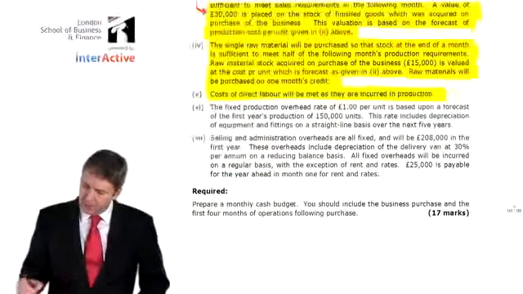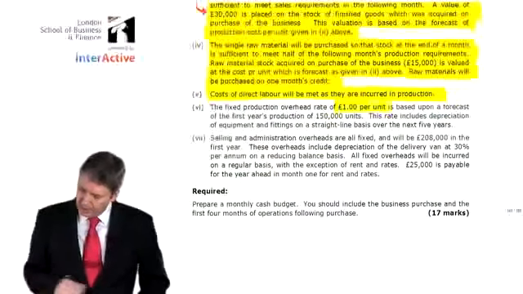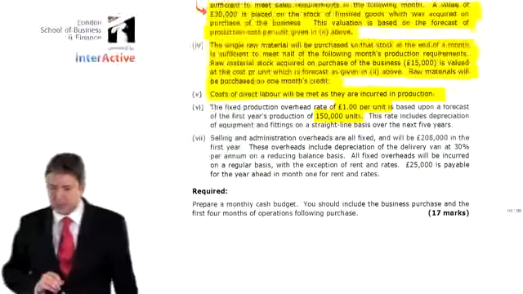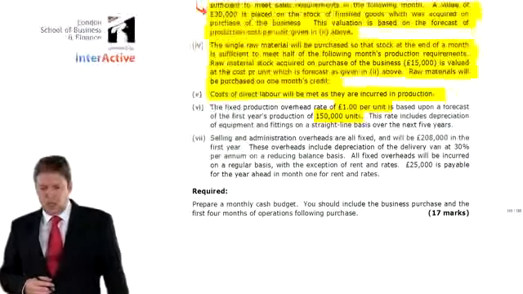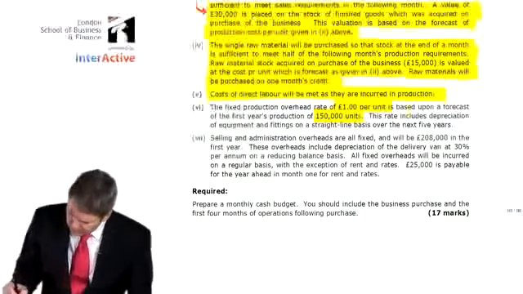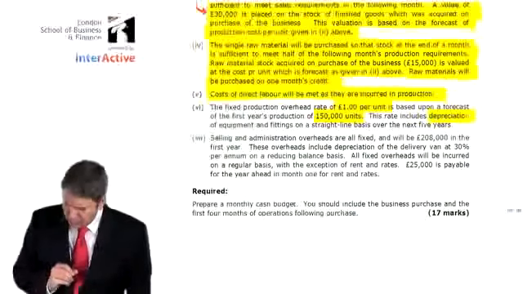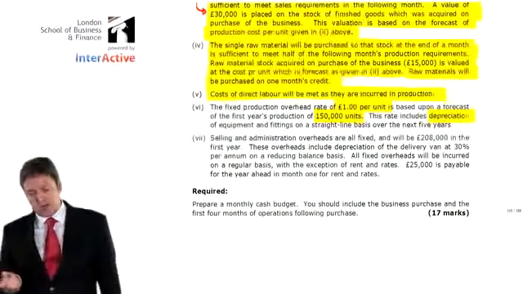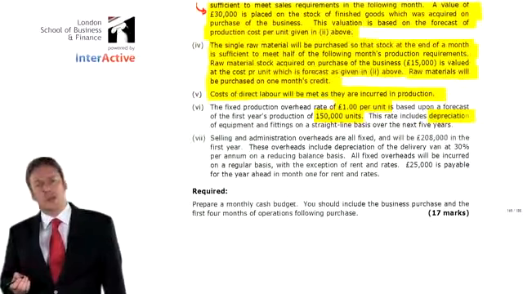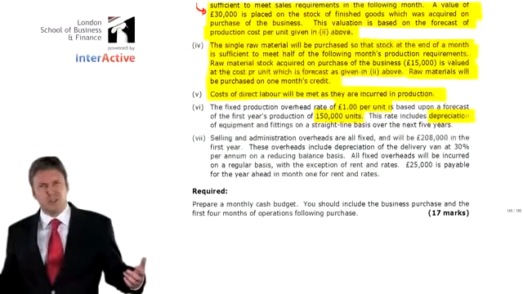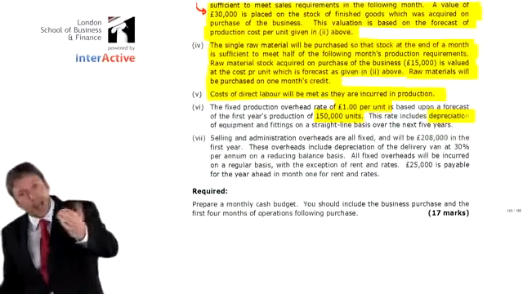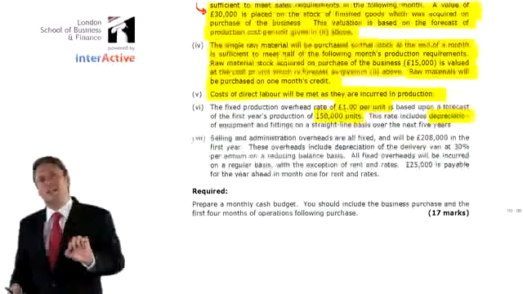The fixed production overhead rate of £1 per unit is based upon a forecast of the first year's production of 150,000 units. Fine. This rate includes depreciation of equipment and fittings on a straight line basis over the next 5 years. Depreciation? Yes, depreciation is not a cash flow.